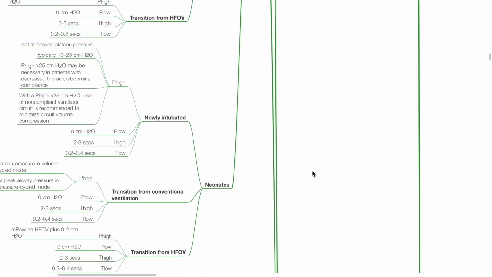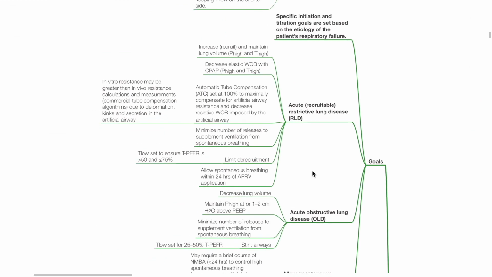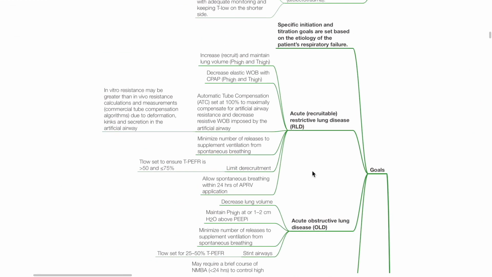The Habashi Protocol. Goals of the Habashi Protocol. Specific initiation and titration goals are set based on the etiology of the patient's respiratory failure. For acute restrictive lung disease, increase or recruit and maintain lung volume by P-high and T-high. Decrease elastic work of breathing with CPAP via P-high and T-high.